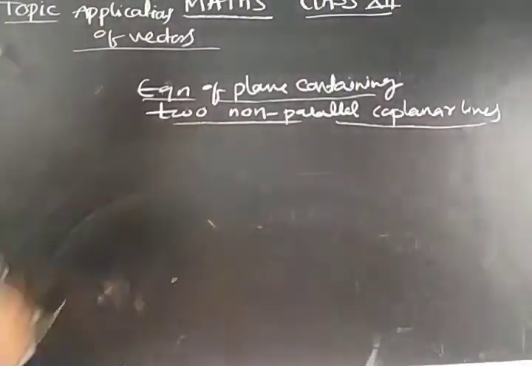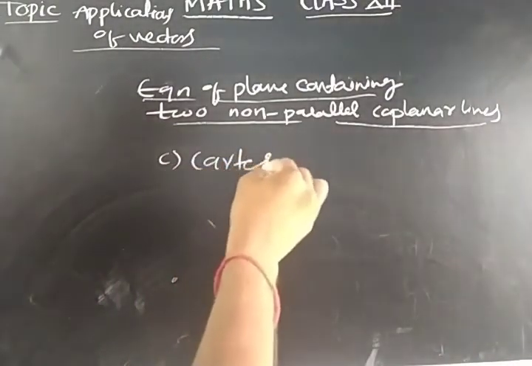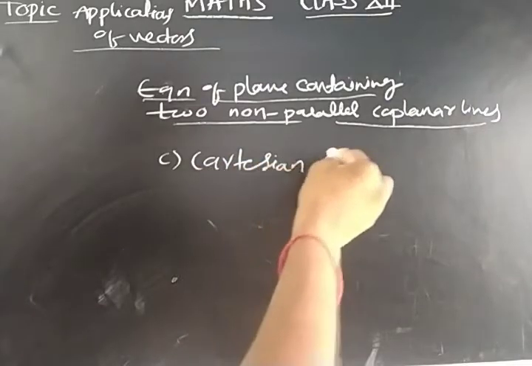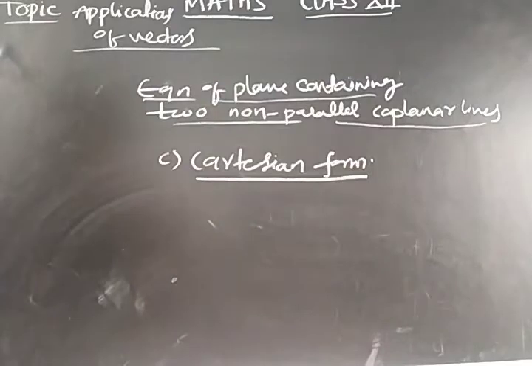Next, the third form is the Cartesian form. So I am taking two lines in Cartesian form.